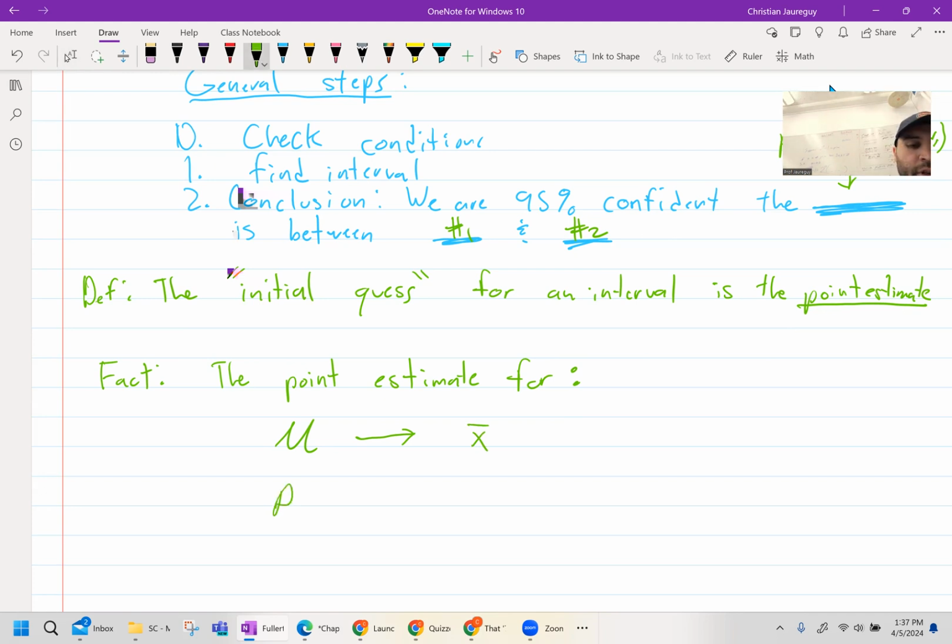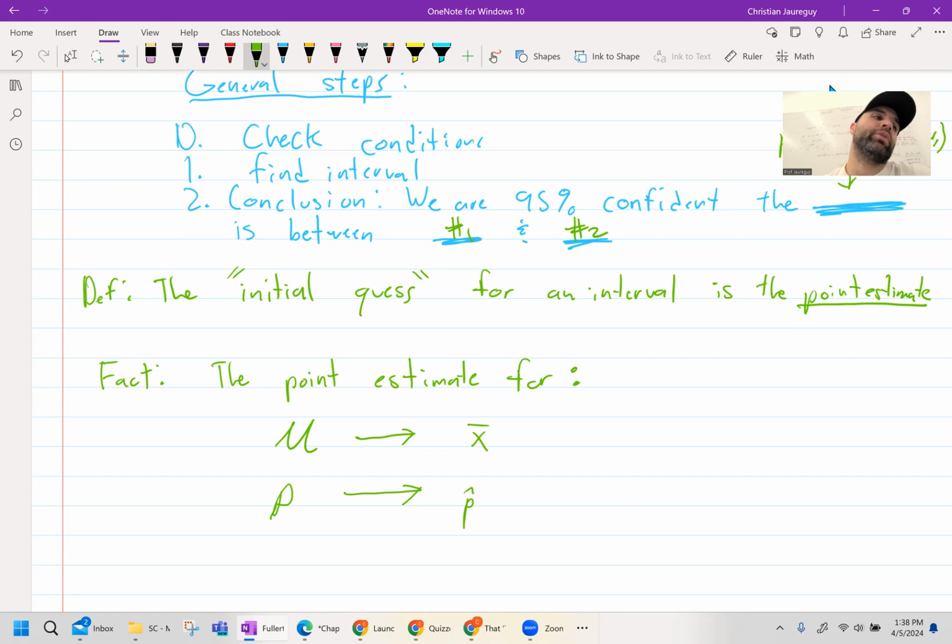And my initial guess for p, right? Mu is the population mean, X bar is the sample mean. I'd ask a sample and find their mean. So what's the sample proportion? Hopefully, we all remember, p hat. So that's our initial guess.